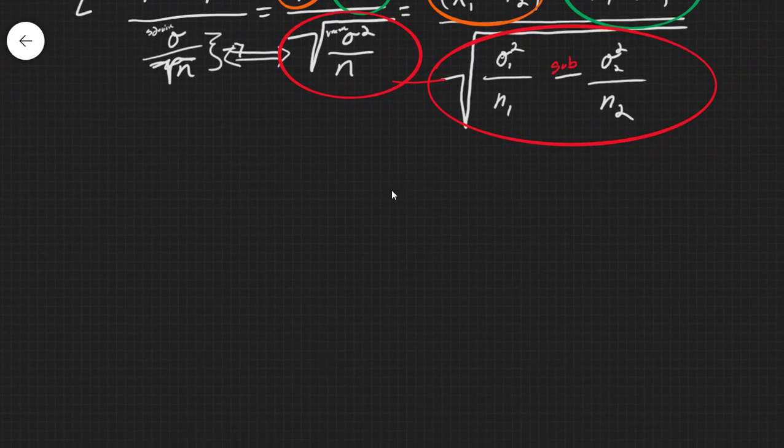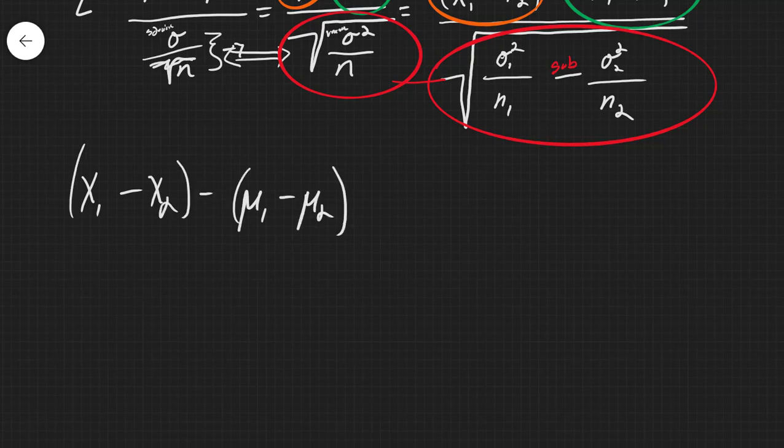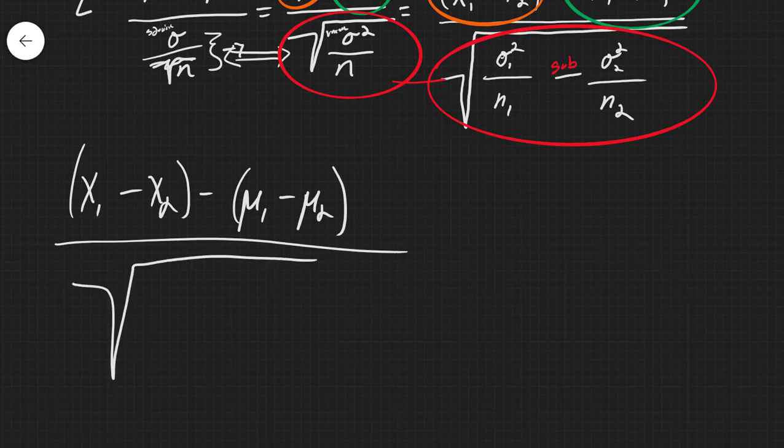All right, let me rewrite it because we're going to do some plug and play stuff. I don't want to do it in red. I don't want to be angry. There we go. X sub 1 minus x sub 2 minus mu sub 1 minus mu sub 2 all over the square root of sigma squared sub 1 over n sub 1.